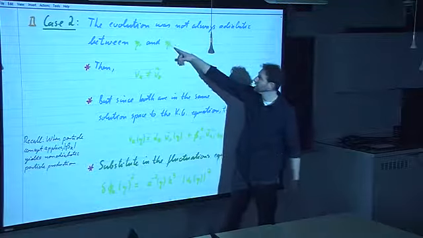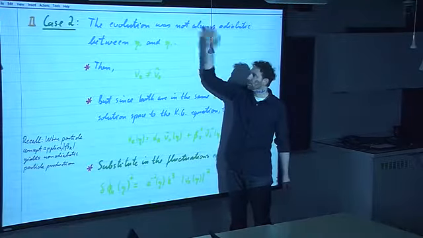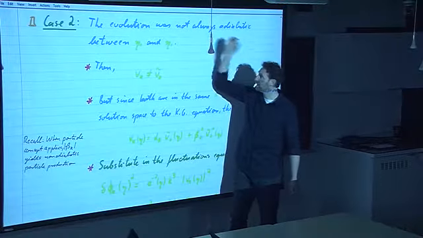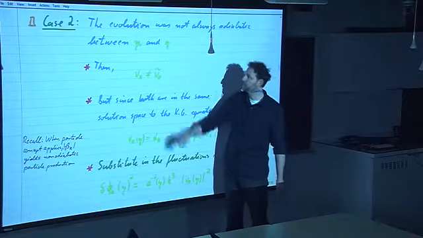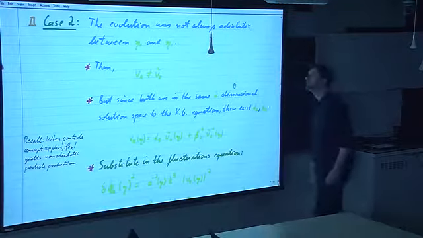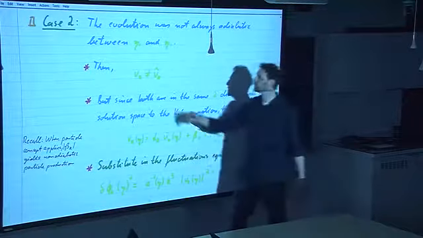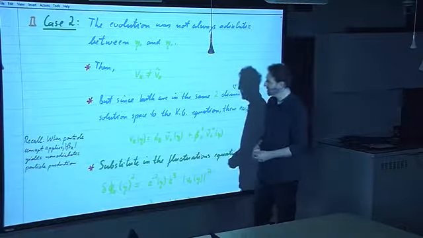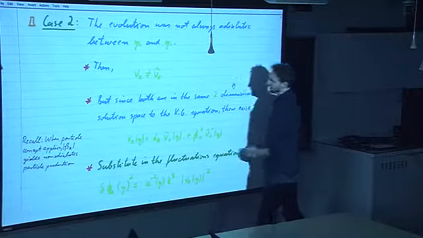And then do the same over here, solve the Klein-Gordon equation for the initial conditions that come from the adiabatic vacuum identification criterion. And then you have two solutions to the Klein-Gordon equation, and they must be related in such a way.